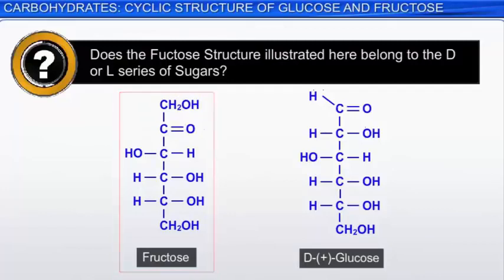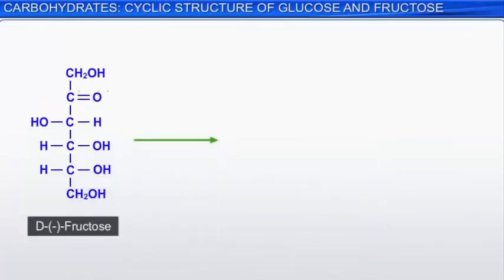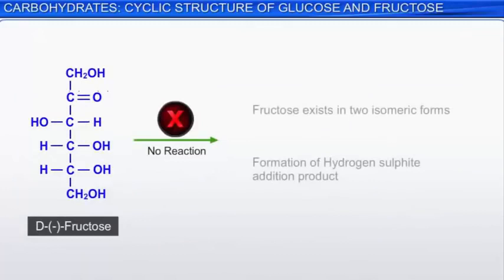Its open chain structure along with the name D-(−)-fructose is illustrated here. As the open chain structure fails to explain certain facts like its existence in 2 isomeric forms and the formation of hydrogen sulfide addition product, the ring structure was established.